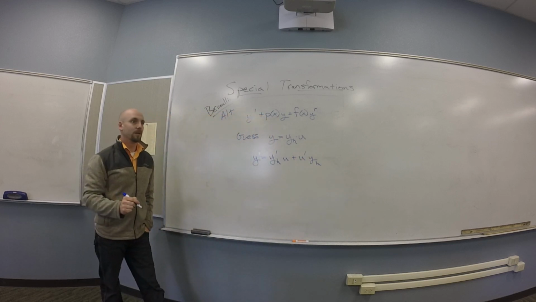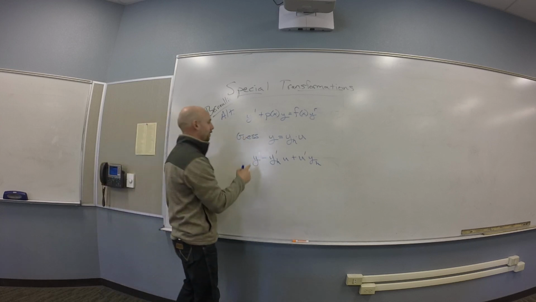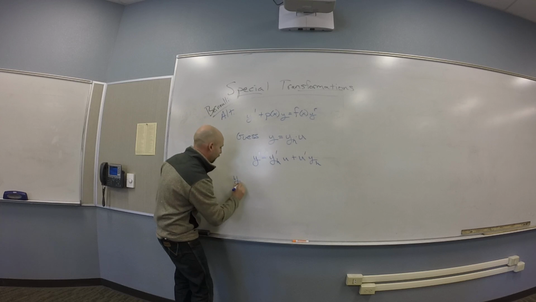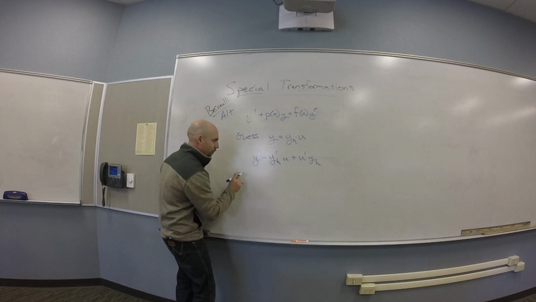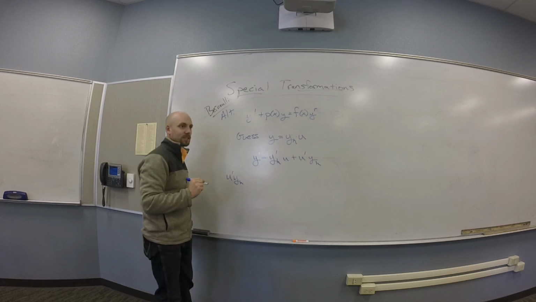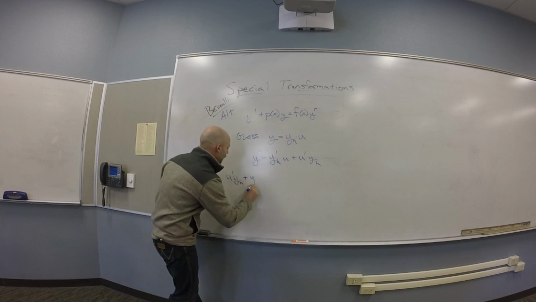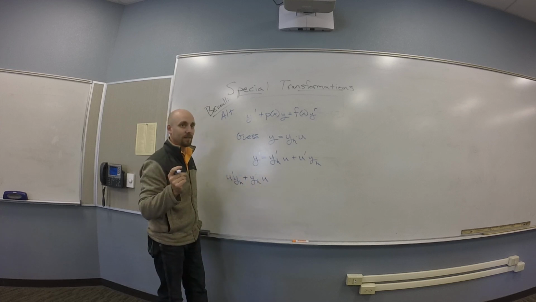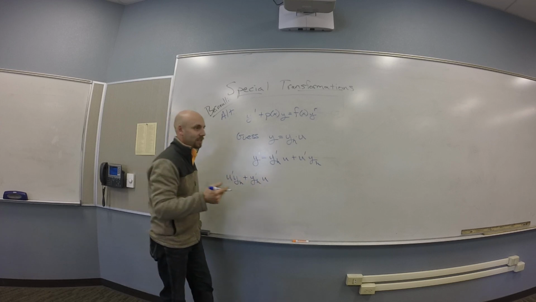Then if I cram this into the original, I get that y prime is that stuff. I'm going to write this the other way, as u prime y_H plus y_H prime u. Why did I do that? It's going to be easier to cancel, because it's probably going to cancel with this next thing.